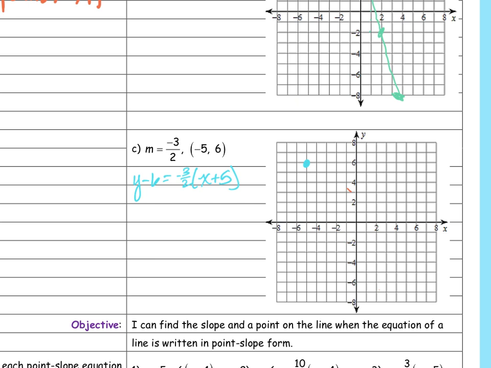Yep. And then I'm going to go down 3 and forward 2. 1, 2, 3, 1, 2. That's as far as I can go. So draw a line. Draw an arrow on the end of the line.